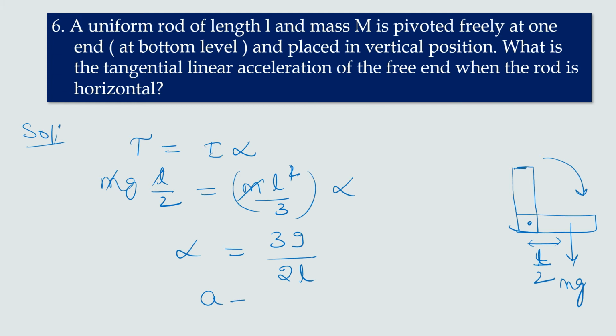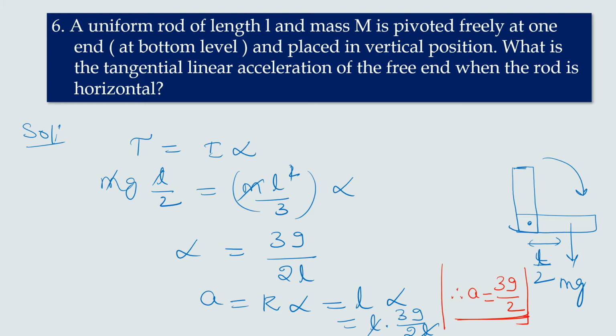Now a is equal to R into alpha, that is L into alpha, nothing but L into 3g by 2L. L gets cancelled. Therefore linear acceleration a is equal to 3g by 2. This is the final answer. Okay, next we'll go to the next question.